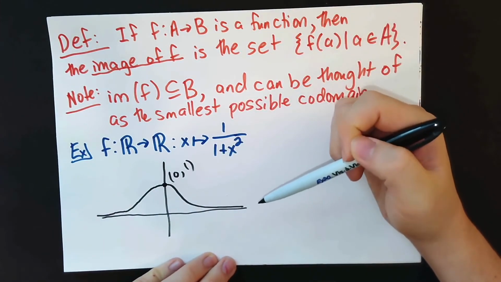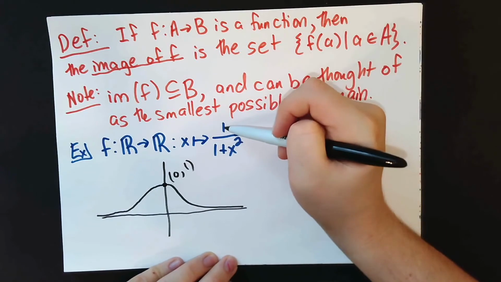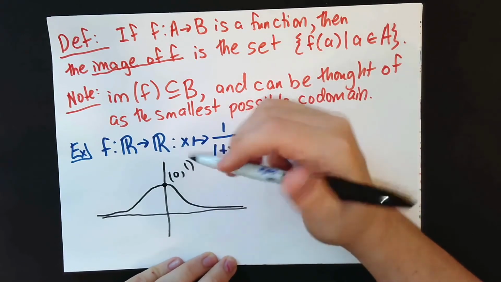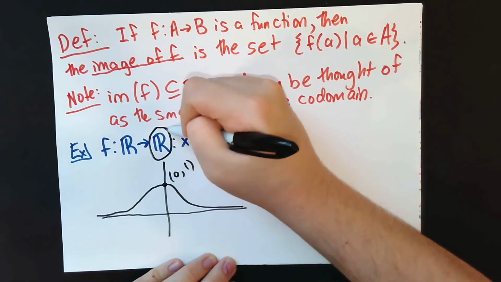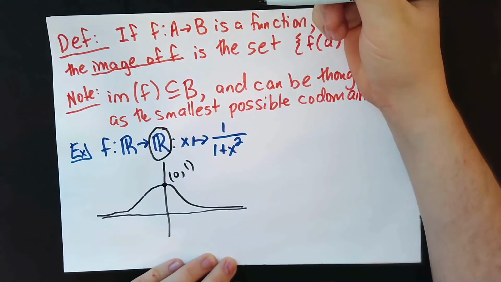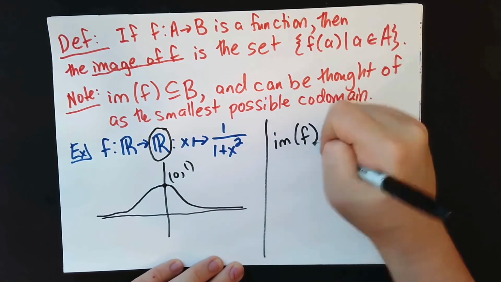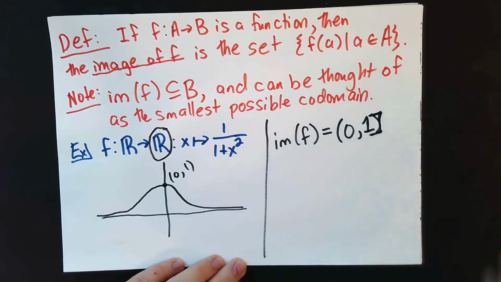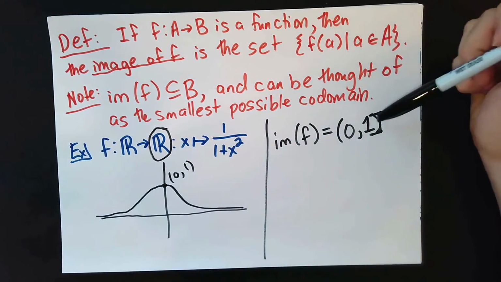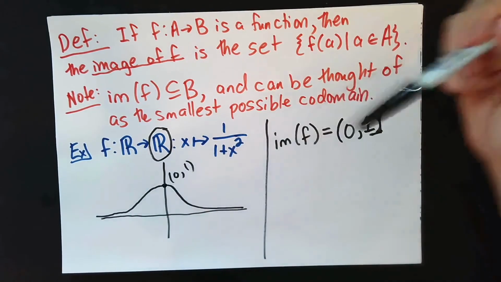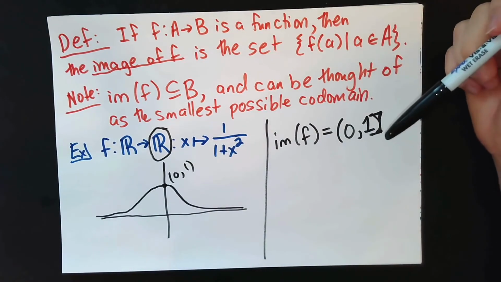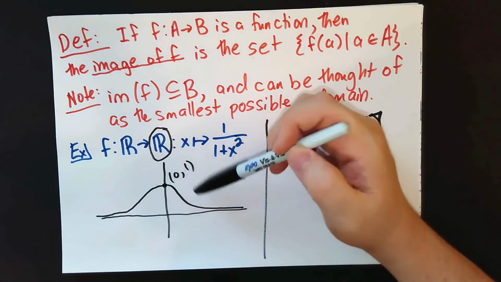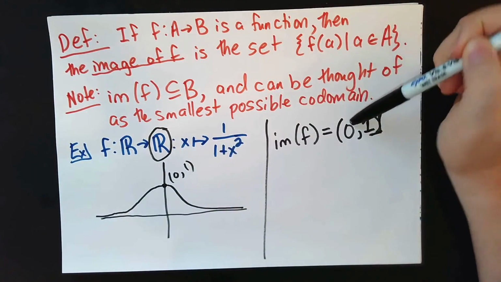The image of this function, then, is collecting all the outputs I actually get. It's going to be a subset, really, of this R. And what is that subset going to be? It's going to be this half-open, half-closed interval, because the image is going to include 1, because f of 0 is 1, but exclude 0, because there's no input here that will give me an output of 0.